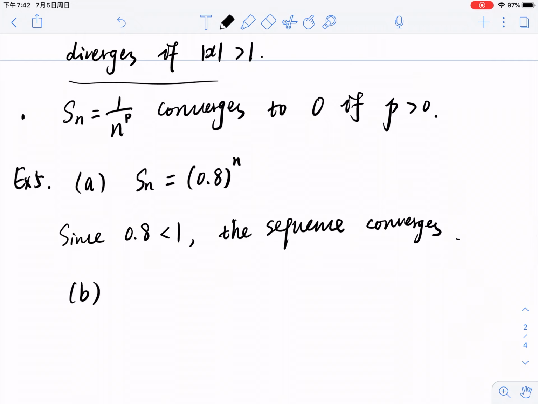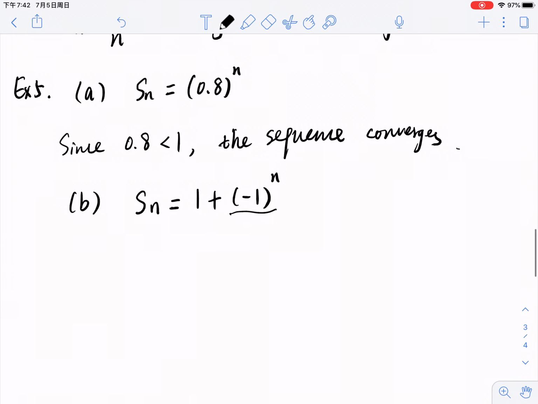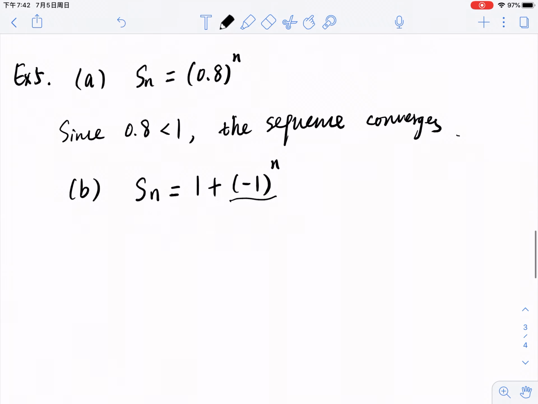So the second one is Sn is 1 plus -1 to n. This sequence alternates, as we already saw in the first example. So we list the first few terms. When n is 1, -1 to power 1 is -1, so the first term is -1 plus 1, which is 0. The second term is 2.